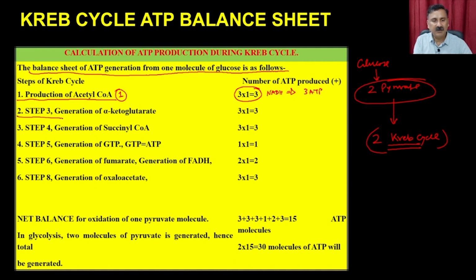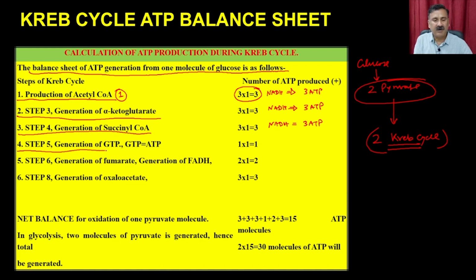Then in step 3, when you have generated the alpha ketoglutarate, again one molecule of NADH is produced, and that also is going to give you 3 ATP molecules. Then in step 4, there will be a generation of succinyl CoA, and that also is going to produce NADH, and that also is going to give you 3 molecules of ATP.